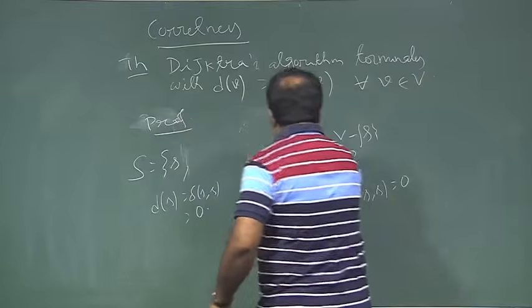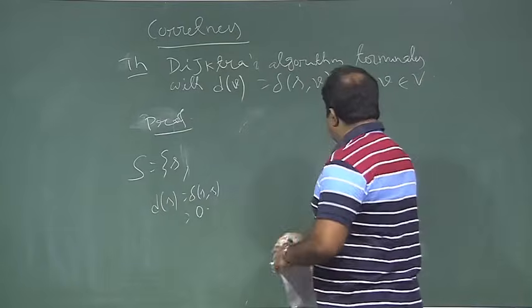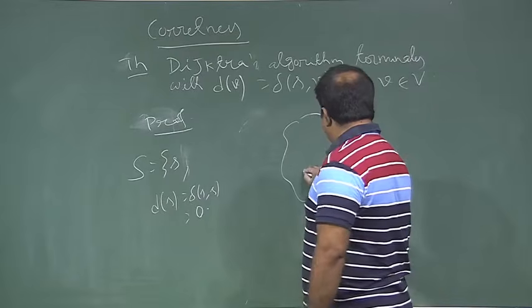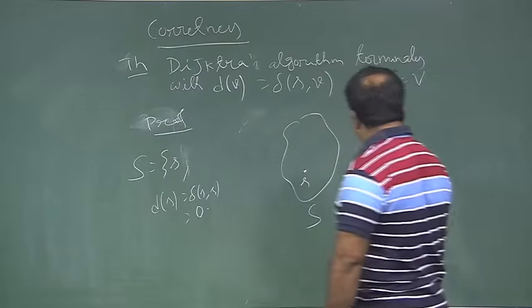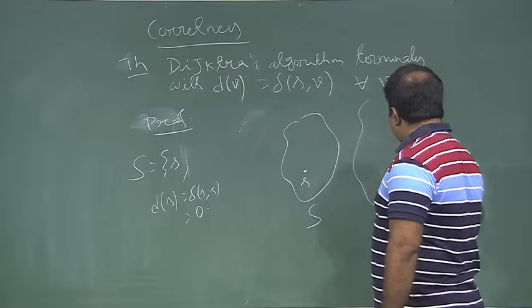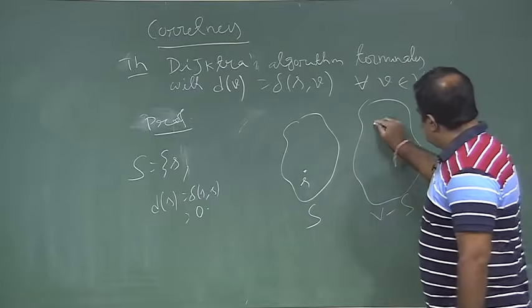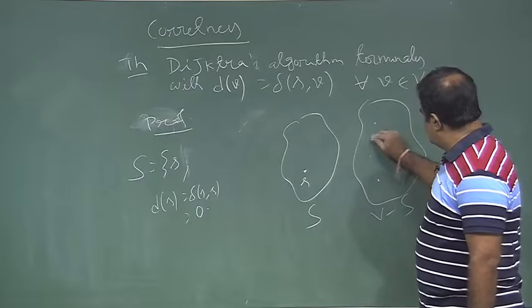Okay. So now what are we doing here? We have a set S, capital S, in which small s should be there. Now we have a set V minus S. Now there are some vertices over here.